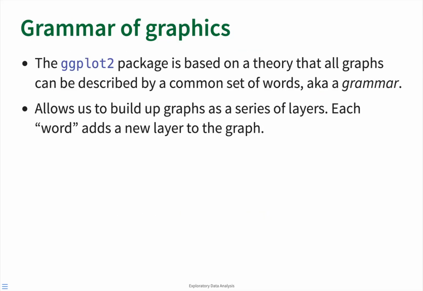So the ggplot package is based on the idea that every graph can be described using a common set of words, which it calls a grammar. And the way we combine these words together allows us to build up a graph as a series of layers and sometimes transformations.